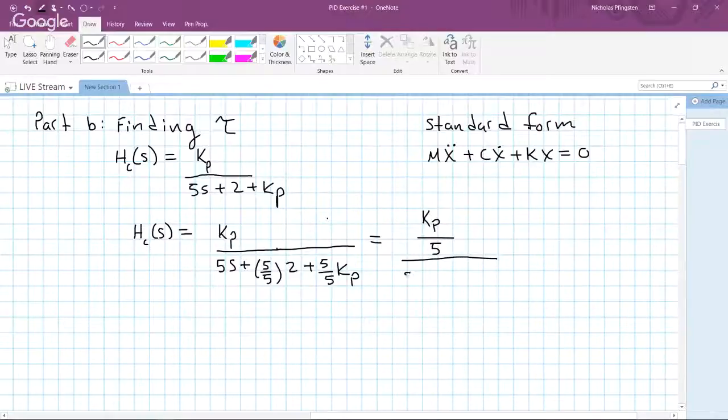So we're going to have s plus 2/5 plus Kp over 5.